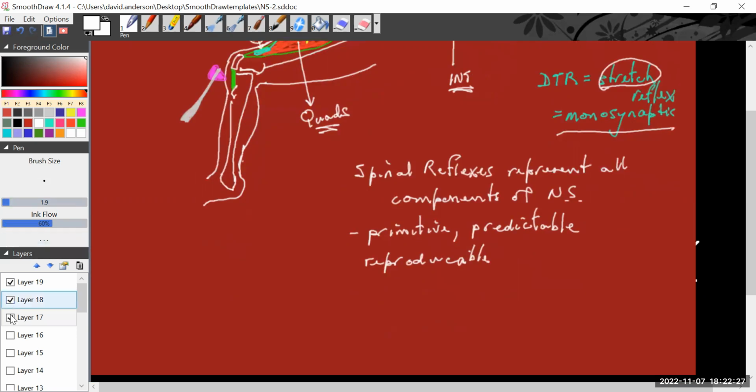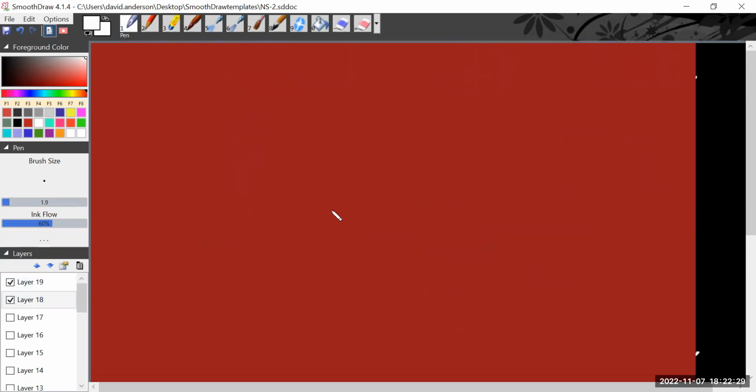So let's take a look at another type of spinal reflex. That one was called a stretch reflex. Now see if you can tell me what I'm drawing this time. So let's do a... It's a hand.